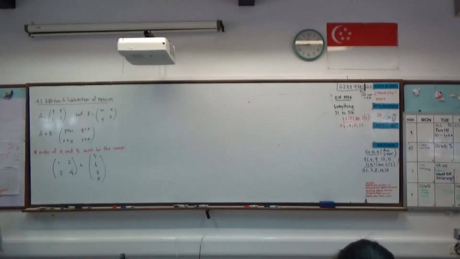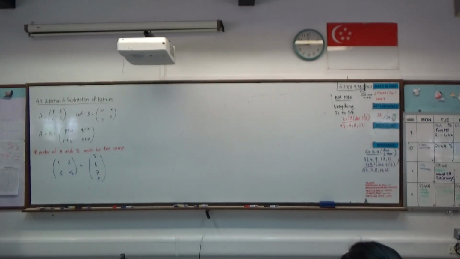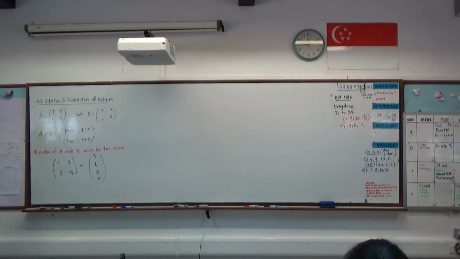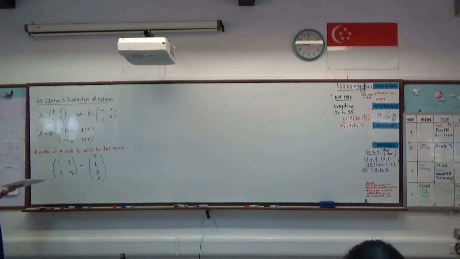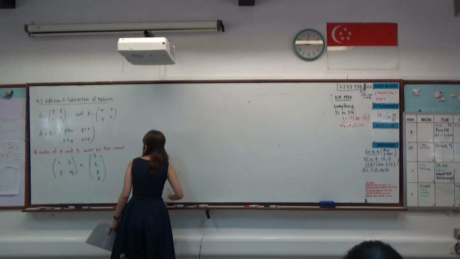This is never possible. We will never be able to add up such matrices. So the order of the matrices A and B must be the same, such that the resulting matrix will actually also have the same order.